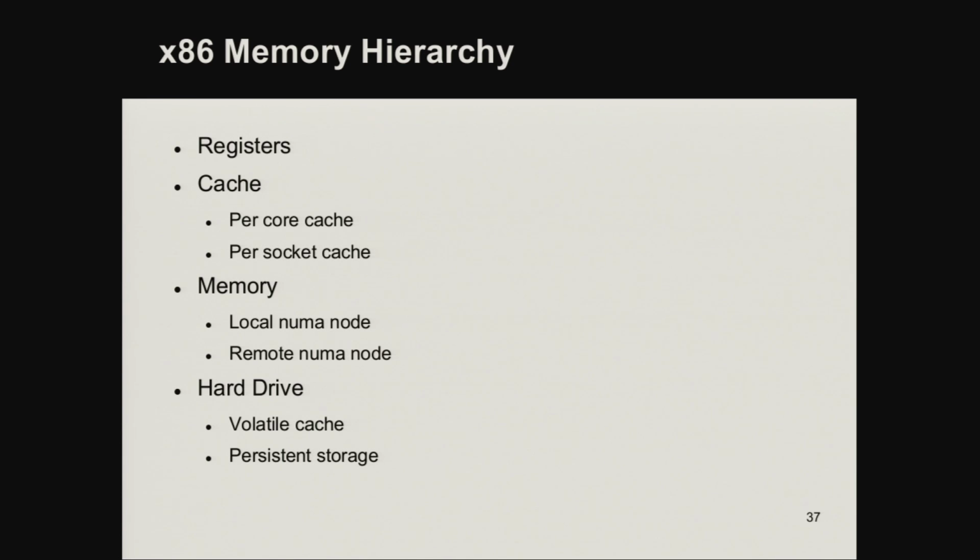There's local memory that's directly connected to the same NUMA node that a CPU is plugged into, and that's the fastest you can get to it. Then there's all the other memory in the system that has to go over the QPI link, and those are in the remote nodes, and they all start slowing down. And let's say you run out of memory, now you've got to go to the hard drive, and it repeats again inside of there. Hard drives have their own tiers of caching inside for the same reason.